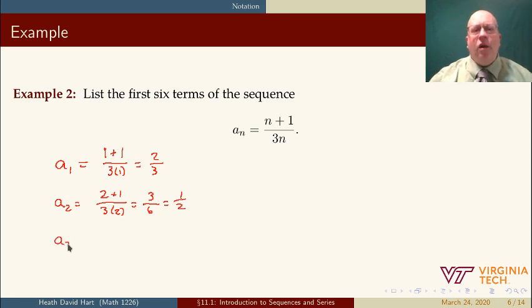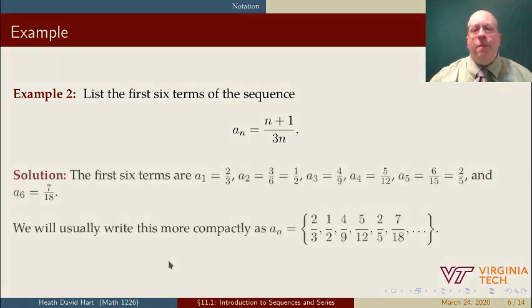I'll do one more. a sub 3 is 3 plus 1 over 3 times 3, which is 4 over 9. And if we kept going, a sub 4 is 5 over 12, a sub 5 is 2/5, and a sub 6 is 7 over 18.